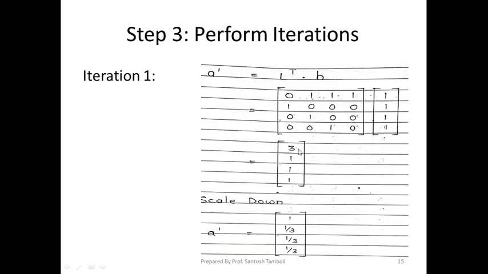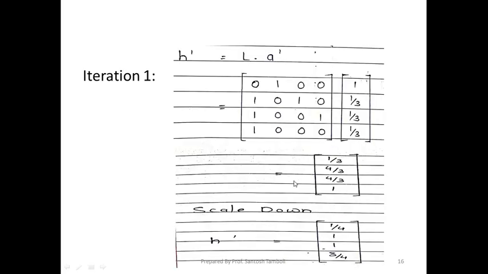The maximum value is 3. So for the scale down, divide all these 4 entries by 3, so that you get A1 as 3 by 3 is 1, 1 by 3, 1 by 3 and 1 by 3.